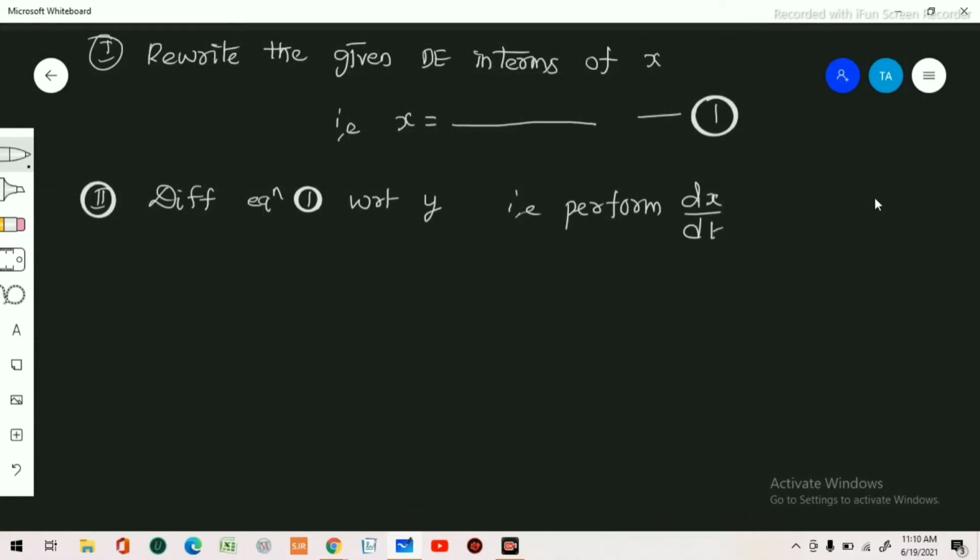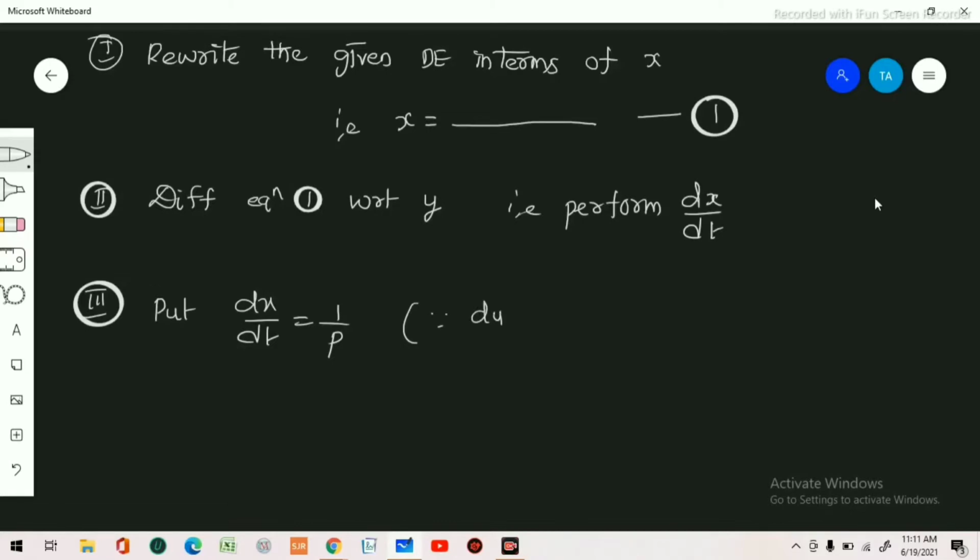So the third step: once you find dx by dy, replace dx by dy by 1 by p. Put dx by dy equal to 1 by p. Where are we getting this from?